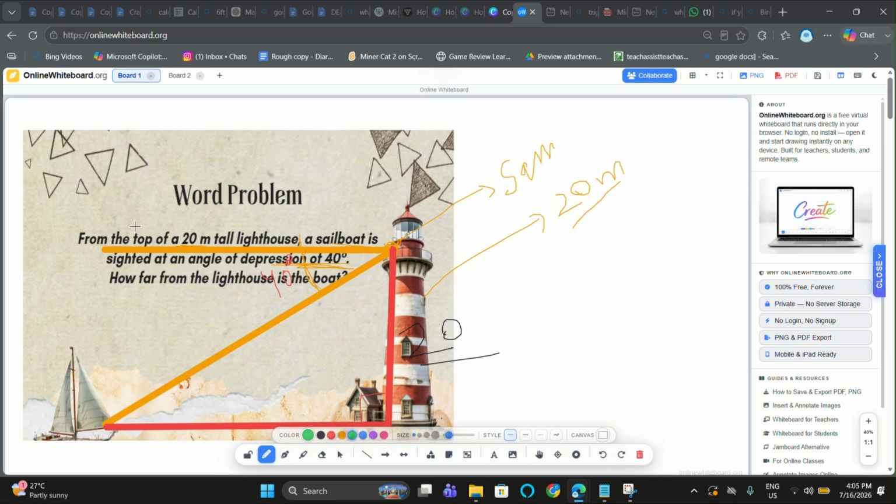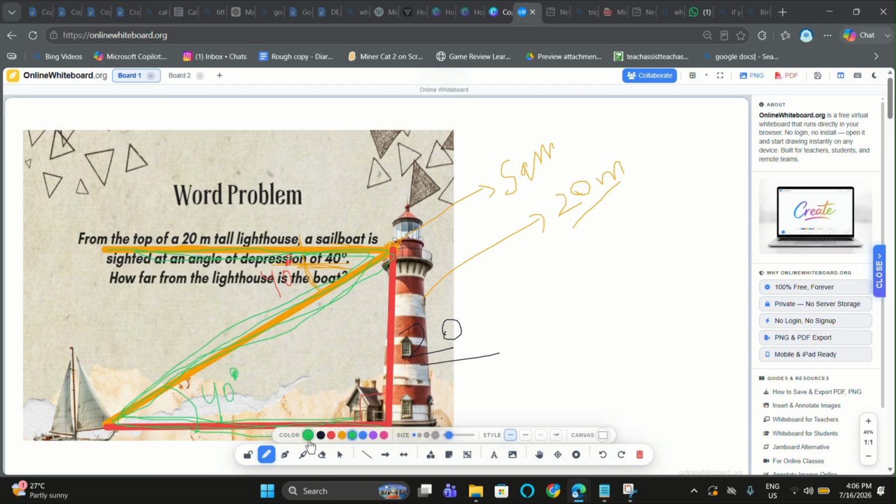And now what do we see here? Do we see a pattern? Does this look like a pattern that we have learned? Yes, indeed. So we know that this 40 is the same as this angle because it forms the Z, or the alternate angles, if I'm correct.